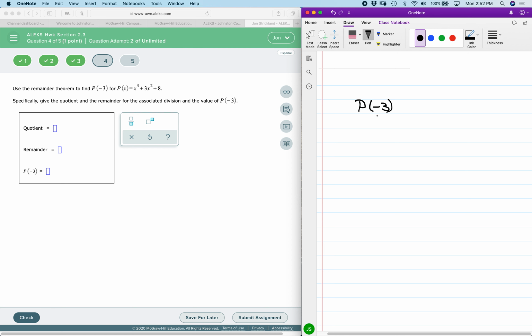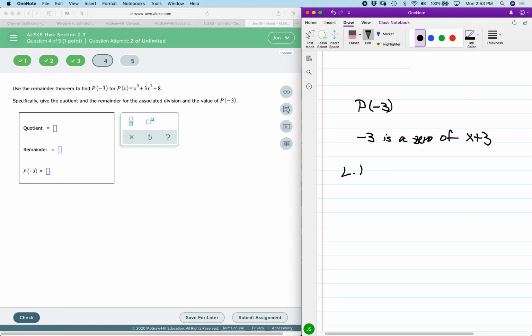So p of negative 3 is going to represent the remainder. With negative 3, we can say that negative 3 is a 0 of the binomial expression x plus 3. So in principle, think of it like taking x plus 3 into this particular expression.